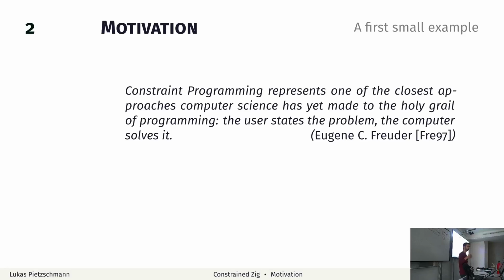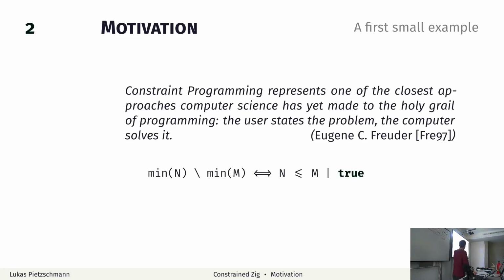So you write sequential steps that the CPU executes to produce the result you ideally intended it to produce. But with constraint programming, this paradigm is a bit different. We are more specifying properties of the result we want to achieve, and the computer then hopefully figures out how to get to that result by itself.